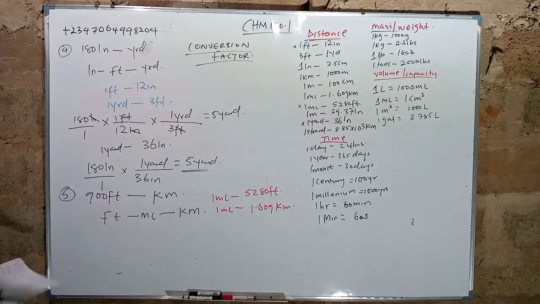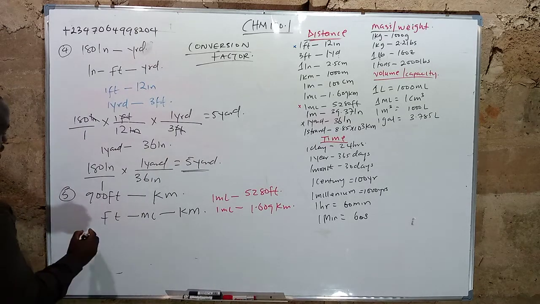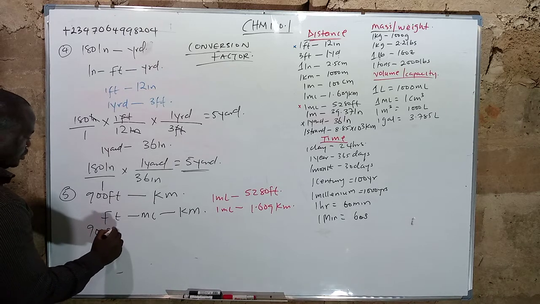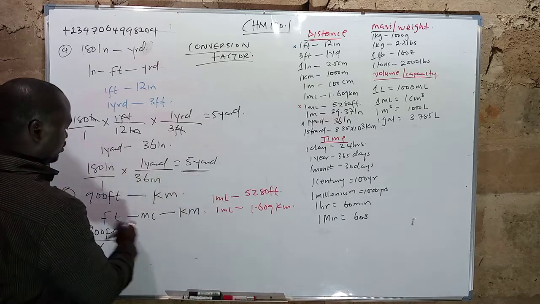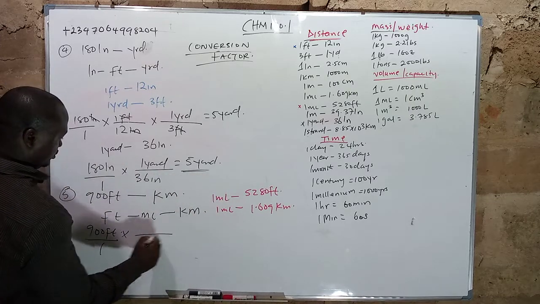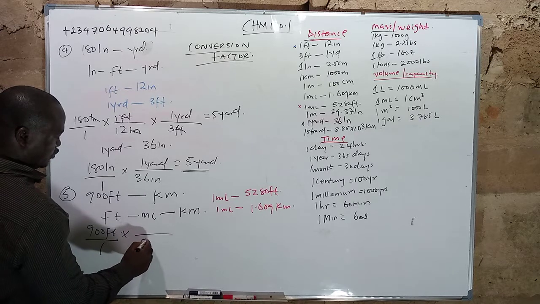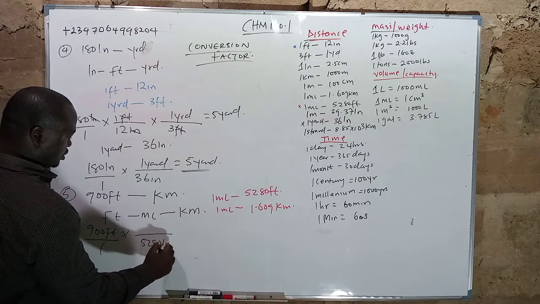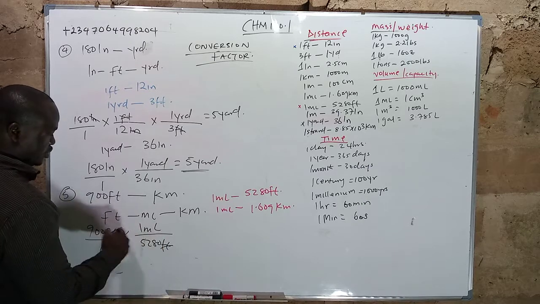So the first one, you start with the one you were being given, right? So this is 900 foot all over 1 times, of course you want to move from foot to miles, so your foot will be here, 5280 foot, and this is your 1 mile. This will cancel this, you're already in miles.